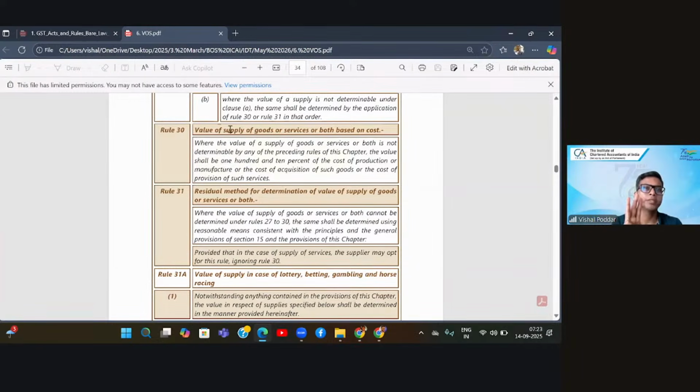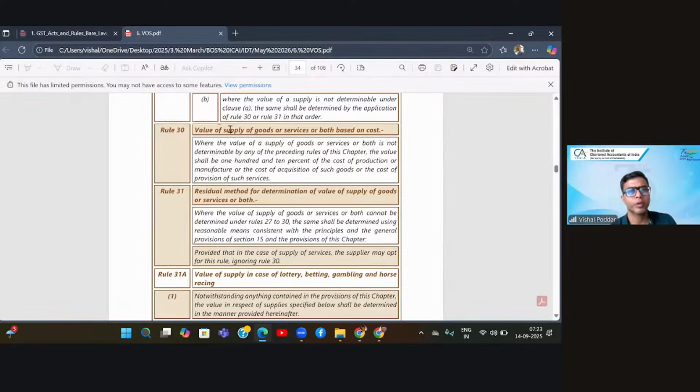Three, besides the price you have shown, there is some additional consideration which the supplier gets directly or indirectly. In such cases, 15(1) fails. What is 15(1)? The value shown on your invoice, the transaction value, is not accepted. So that is 15(1), taking the transaction value, it fails. And in that case, you go by the valuation rules, that is 27 to 31.